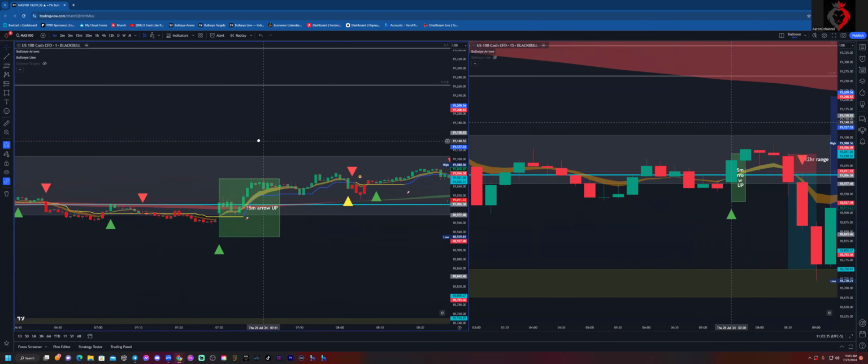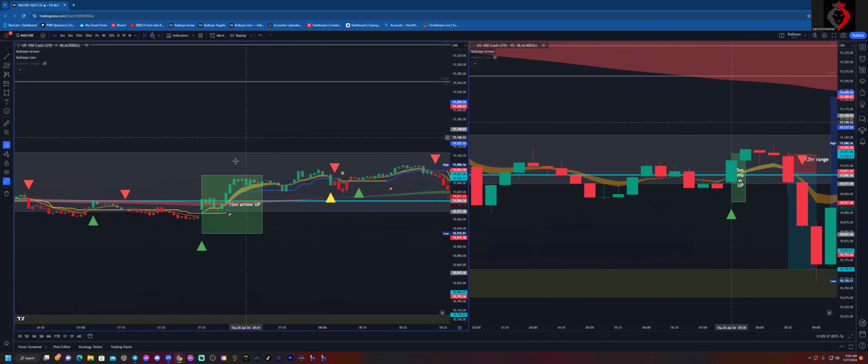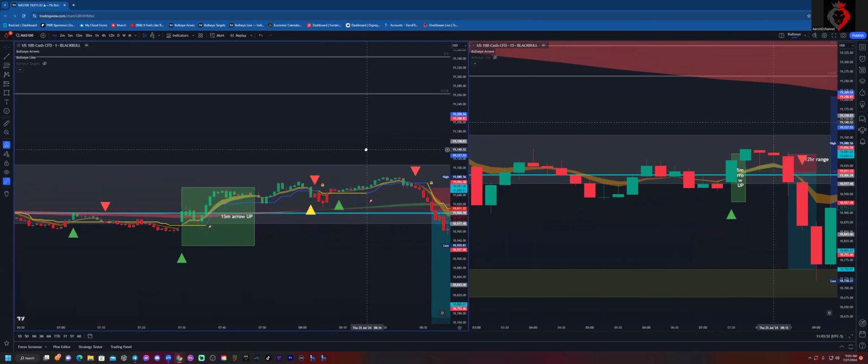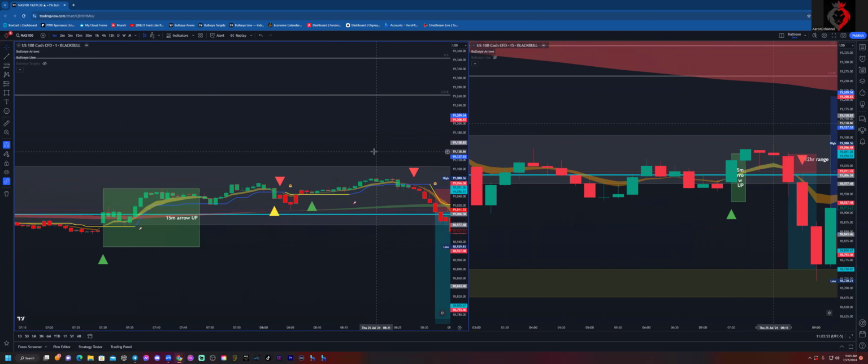And that could happen any moment. So here's 7:30, the 15-minute candle, 15-minute green arrow, right? And then at 8:02, we get a cloud flip up. All right, and we're waiting for 8:30.